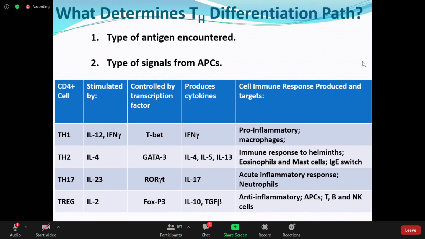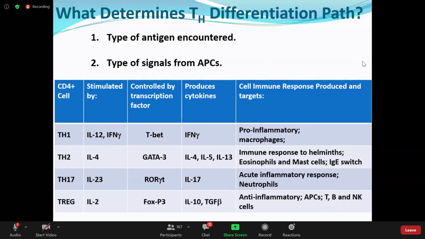These antibodies are tagged with particular chemical dyes, and then we pass them through a flow cytometer, and in that way we can identify whether we have a predominance of a Th1, Th2, Th17 subset.